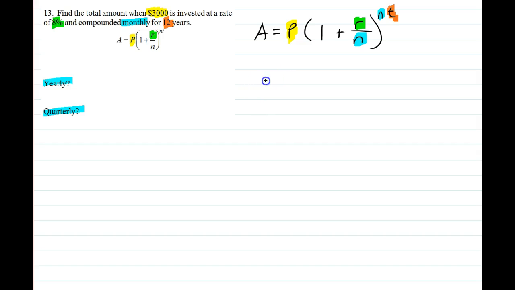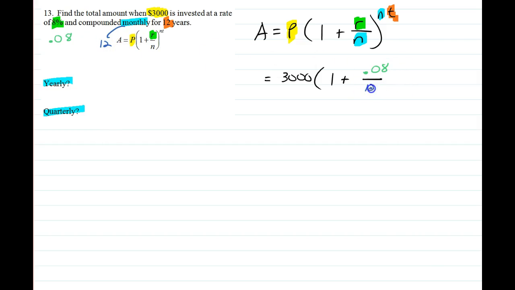So let's plug in what we know. So we're going to do the compounded monthly first. So we're going to have 3,000, 1 plus, so now we're looking for our interest rate. And our interest rate is 8%. And so that 8% needs to be written as a decimal. And so 8% is 0.08. And the N is the compounded monthly. And so how many months are in the year? So monthly is 12.